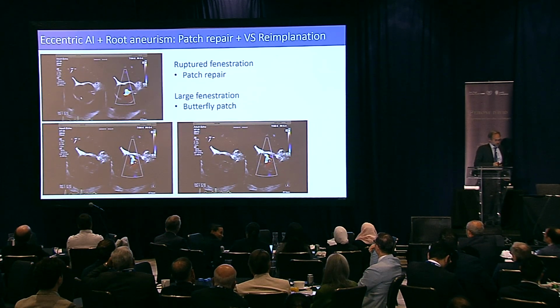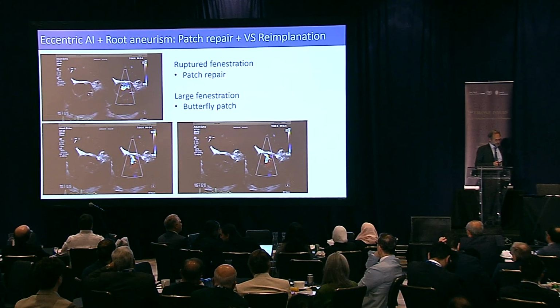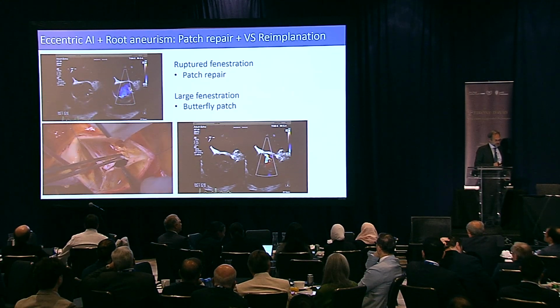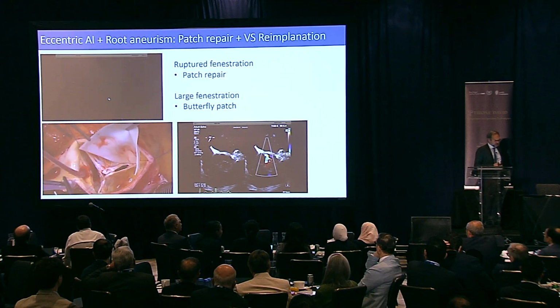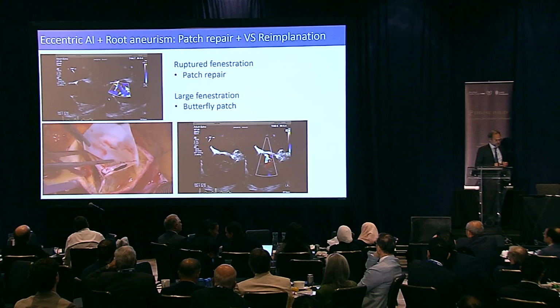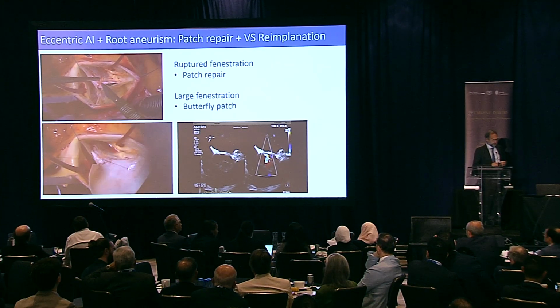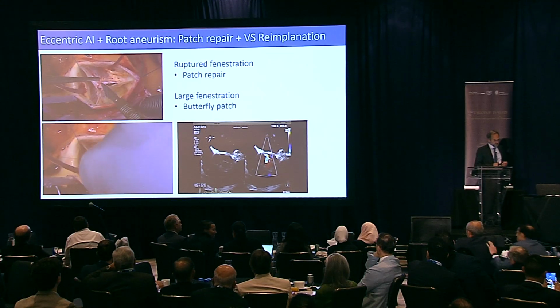Now, example of ruptured fenestration and enlarged fenestration. You see the AI. You see here there was a ruptured fenestration on the right cusp, which was then repaired with a pericardial patch.